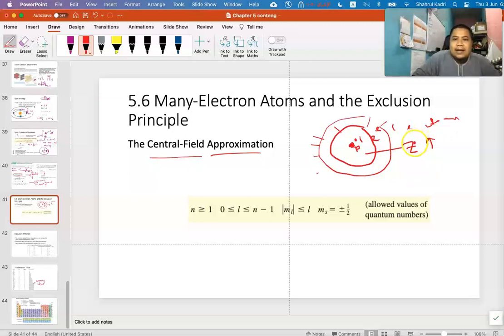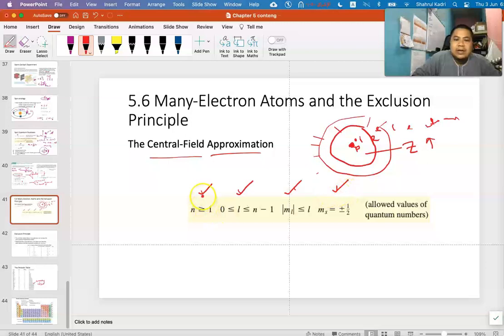But there are four quantum numbers that can explain the identification of electrons inside the atom. This is the principal quantum number, this is the orbital angular momentum quantum number, this is the magnetic quantum number, and this is the spin quantum number.